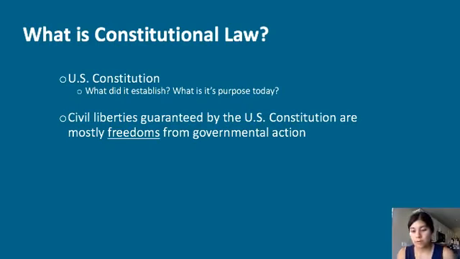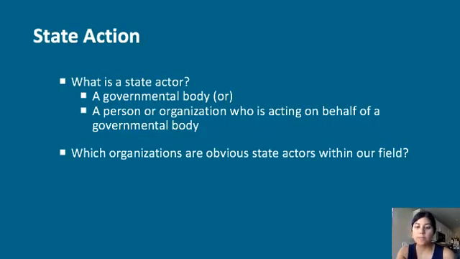Okay, so who has to follow or comply with the U.S. Constitution? We read on the last few slides that the Constitution is there to protect citizens from governmental action. What does that mean? Well, that means that only certain groups or individuals can actually be sued under constitutional law.